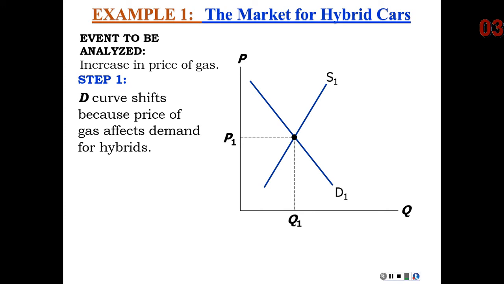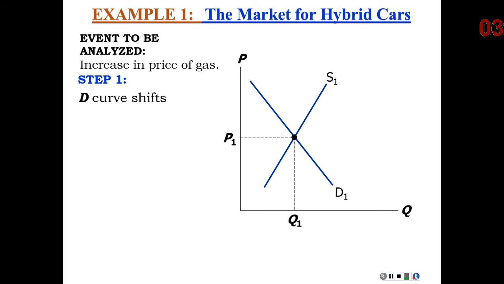So if gas prices are going up, we would anticipate tastes and preferences will shift towards hybrid cars, just like when gas prices are low, we would anticipate tastes and preferences shifting towards SUVs and trucks. When gas prices are high, consumers shift preferences towards more fuel efficient hybrid cars. So the demand would be affected.